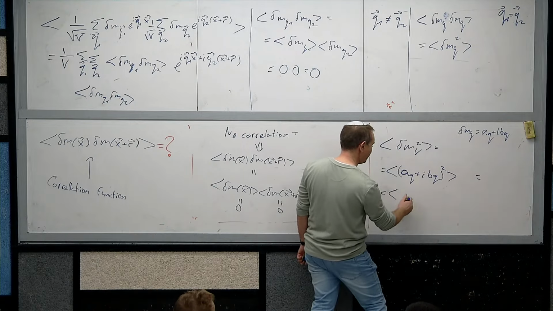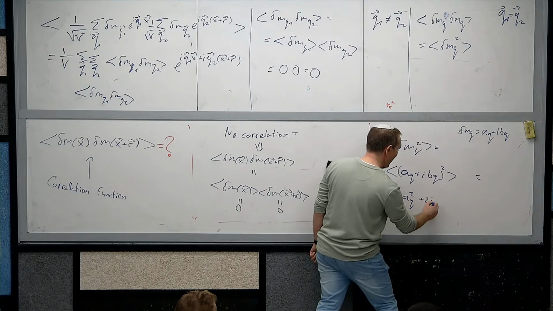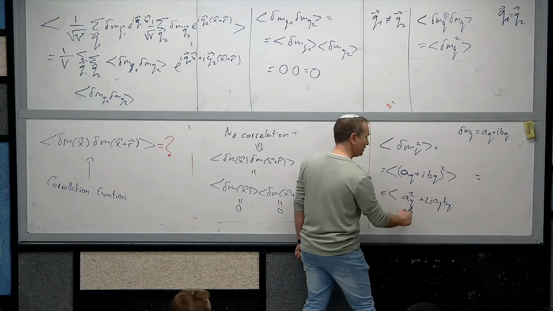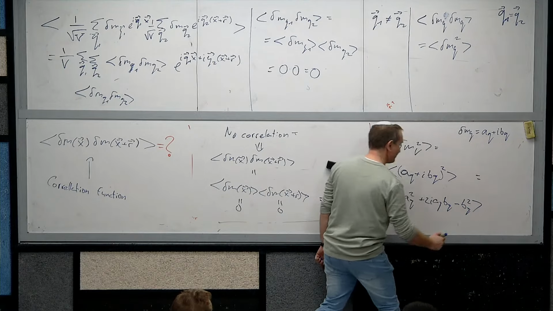Let's open the parentheses. We have A Q squared plus 2i A Q B Q minus B Q squared, average.